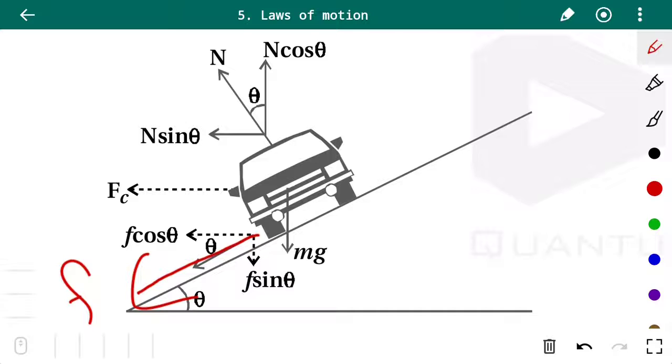But when we draw the free body diagram, we need to mention all the forces in the vertical or the horizontal direction. If it is in any other direction, then we need to take the components of that physical quantity. Here the force is also not in the horizontal or vertical direction, so we need to take its components. We know that this frictional force makes an angle theta with respect to the horizontal axis. So this becomes f cos theta, and the other component towards the downward direction becomes f sin theta.